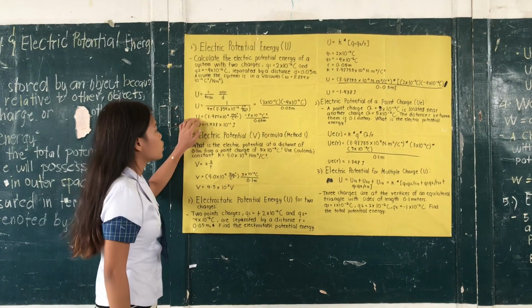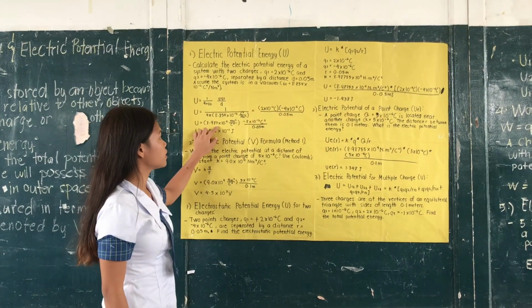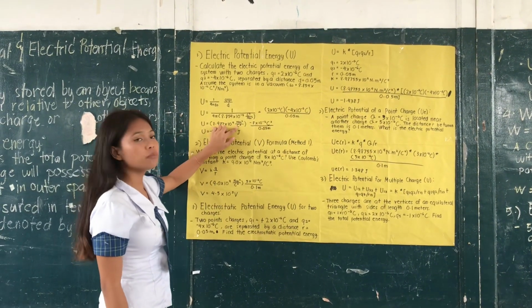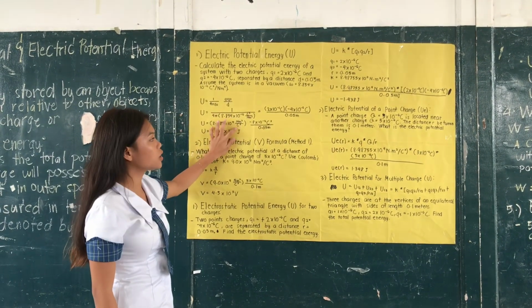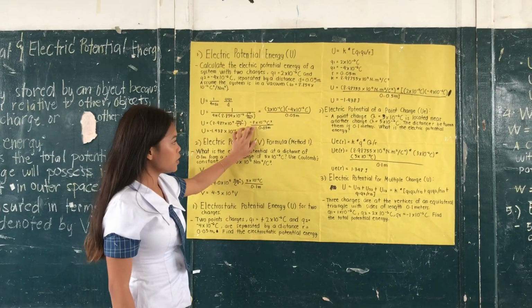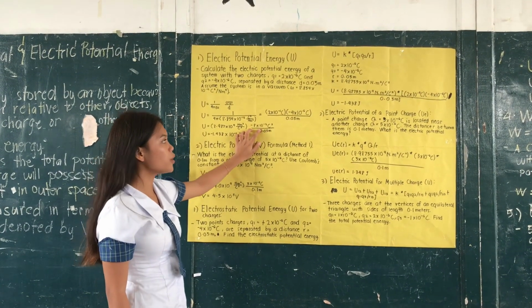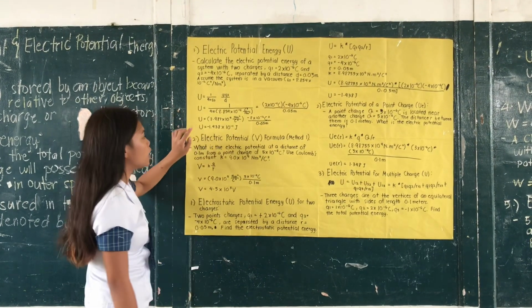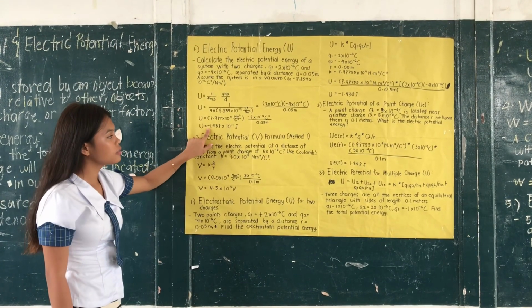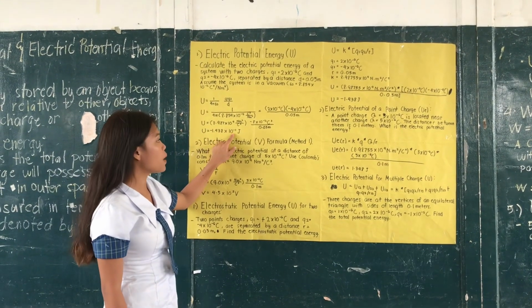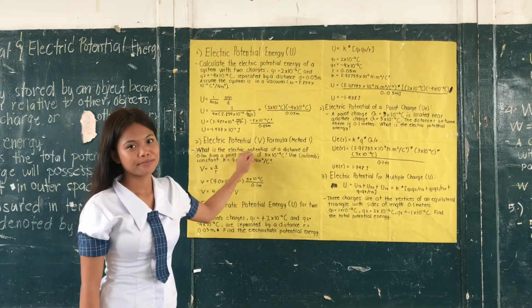U is equal to 8.987 times 10 to the power of 9 newton meter squared over coulomb squared, times -8 times 10 to the power of -12 coulomb squared over the distance, which is equal to -1.438 times 10 to the power of -1 joules.